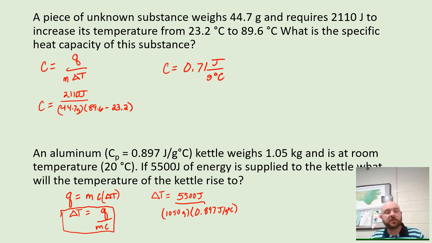And so if we punch that into our calculator, if we say 5,500 divided by 1050 times 0.897, then it tells us the temperature change should be about 5.8 degrees.